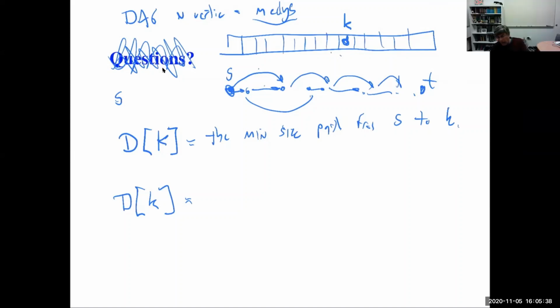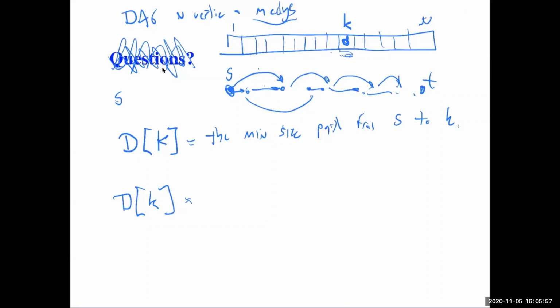Well, I have a graph. These are vertex numbers, v1 to vn. Okay? I claim that the shortest path ending in k is going to have what as a property? What's the last edge on the shortest path from S to K?